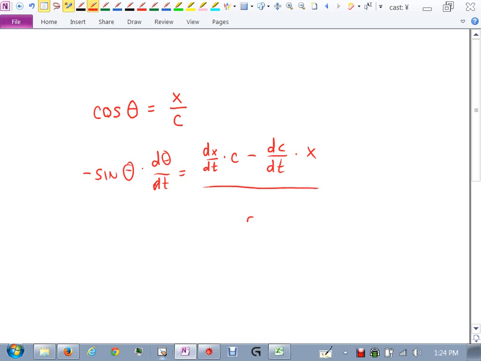All over c squared, okay. Now your picture looked like this then. You had x, you had c. Did you call this side anything over here? Y, okay, and you called that theta. So d theta dt is what you wanted in the problem. You don't have dy dt anywhere in this, do you? How did you figure out what dx dt was?